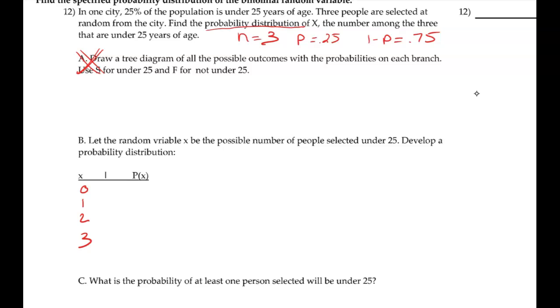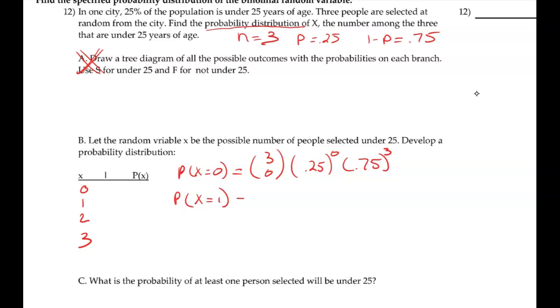For each of those X values, you are going to use the formula. 3 choose 0. Probability of success, 0.25, X is 0, 0.75, 3 minus 0 is 3. You do it for each of them. You've got to do it for each.